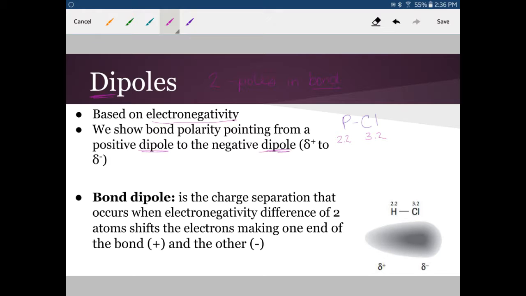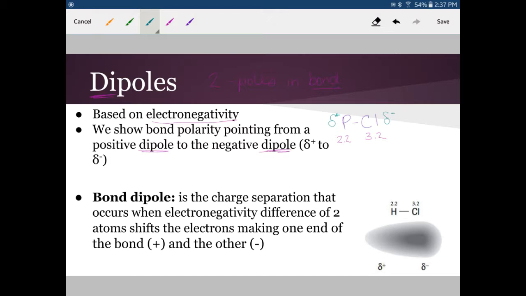There's unequal sharing of electrons. Now, essentially, if we were to identify these as a dipole, I would say that this side, because it's pulling more electrons, now this gray cloud here is the electrons, this is pulling more electrons, so relatively it has a negative side. It has a negative dipole. Now, relative to the phosphorus side, that means that this phosphorus side has a slightly positive dipole.